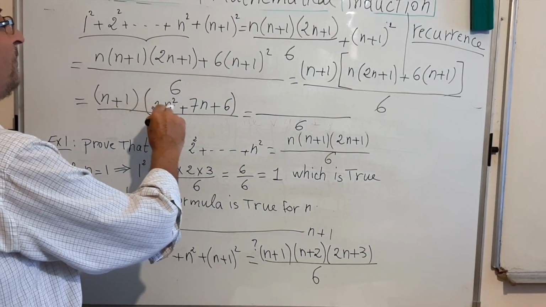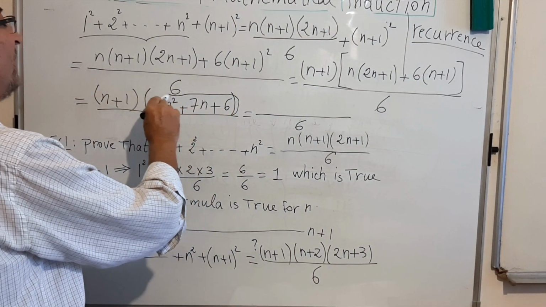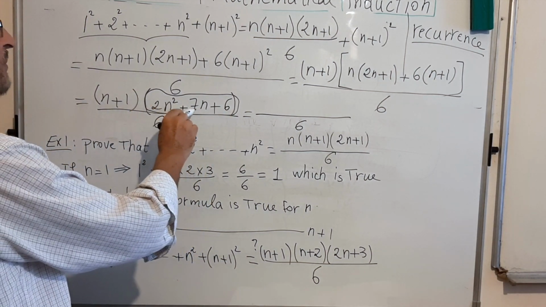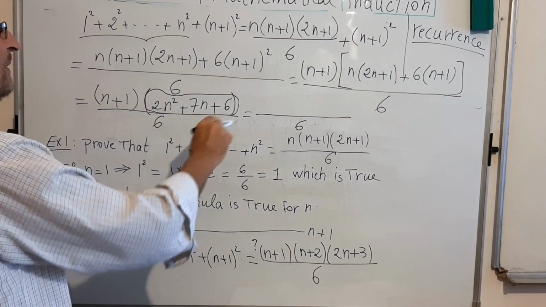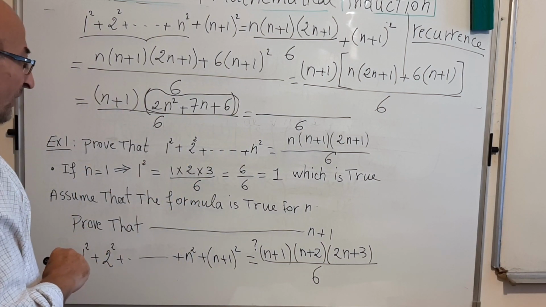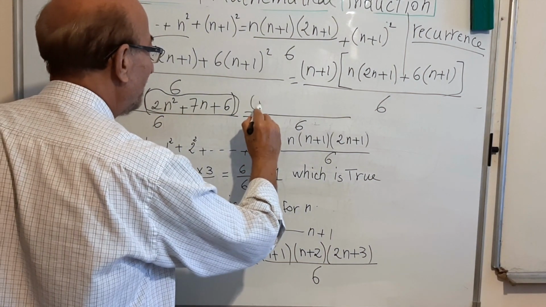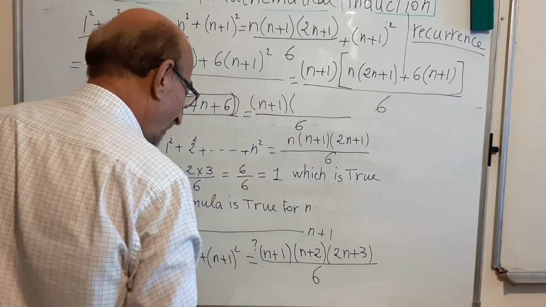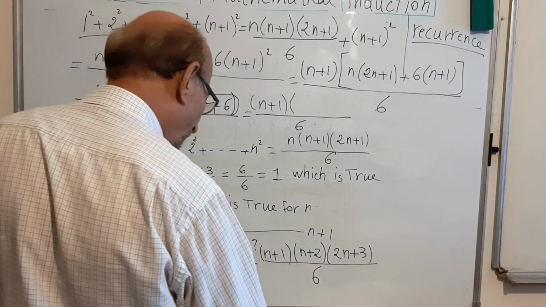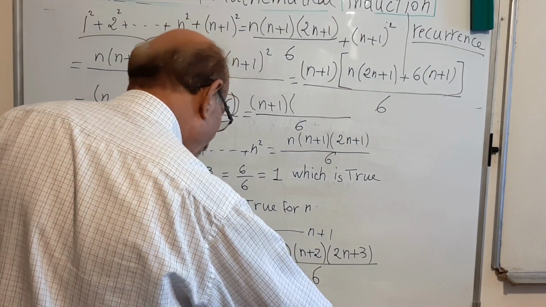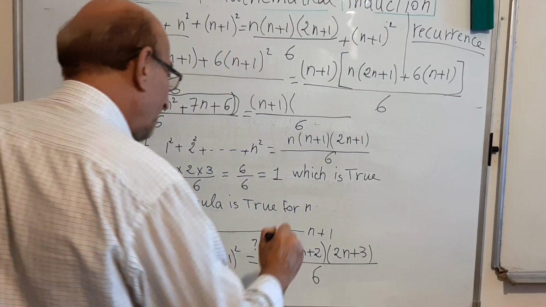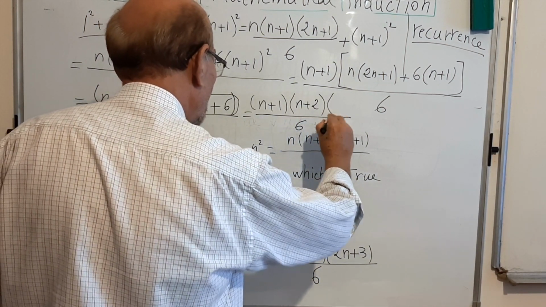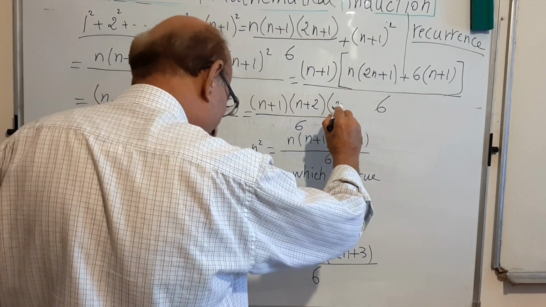We can decompose the trinomial 2n squared plus 7n plus 6 as a product of factors. We obtain n plus 1 into 2n plus 3 times n plus 2.